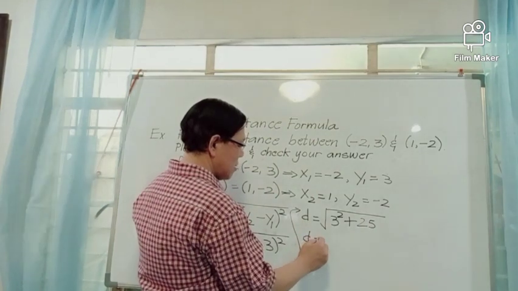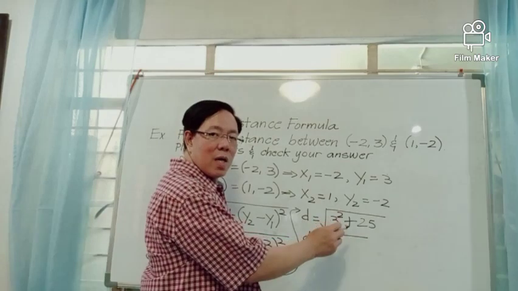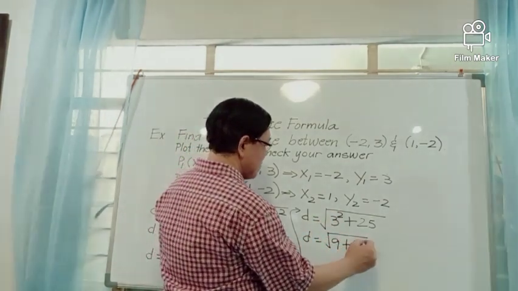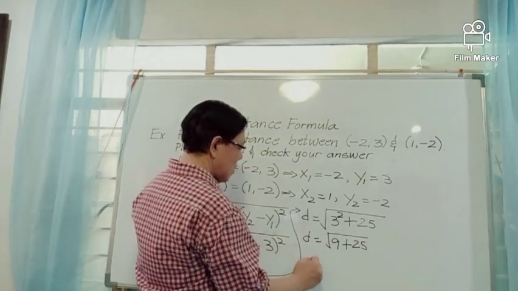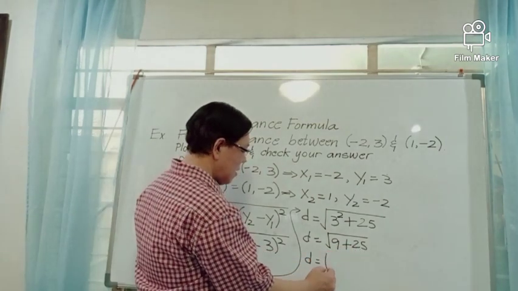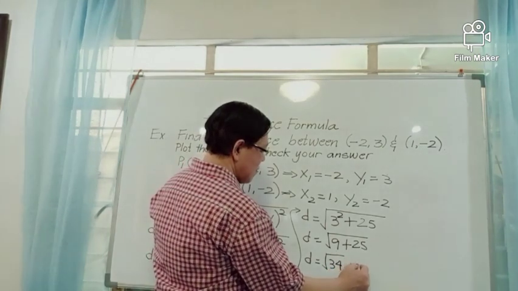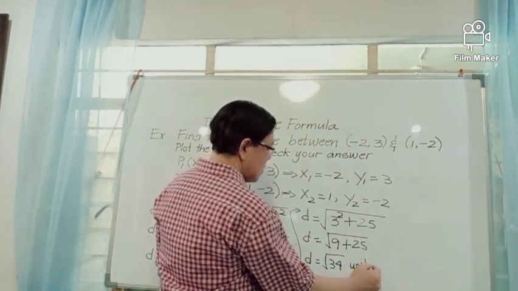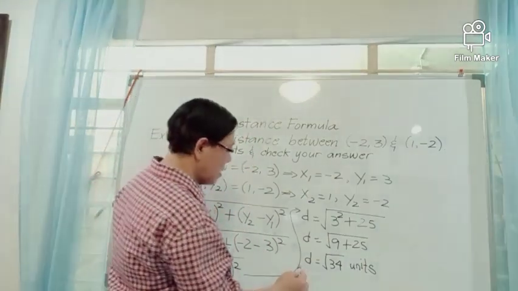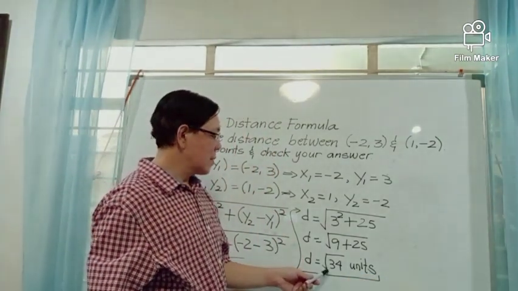Or D is equal to the root of 3 squared is 9 plus 25. Or D is equal to 9 plus 25 is 34. We are not given the units. We simply write the distance between the given 2 points is the root of 34.